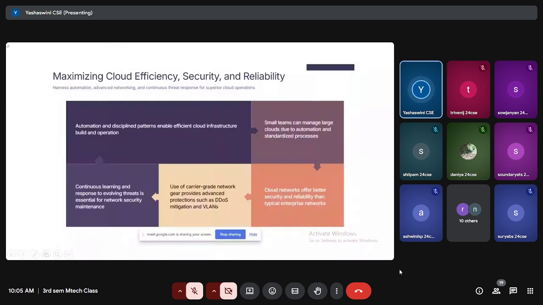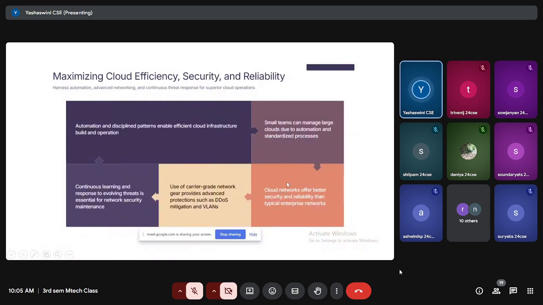So automation and checking the discipline pattern for cloud infrastructure is very important. Once you build this, you can assign a small team which can manage the large cloud, because we already have the automation and standardization process, so we will be able to manage using a small team.